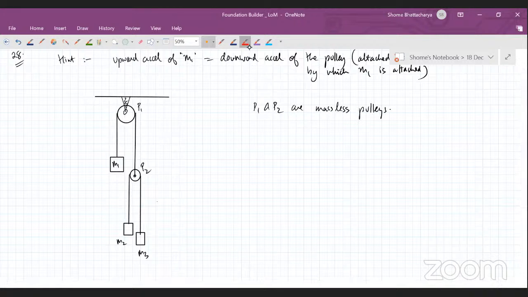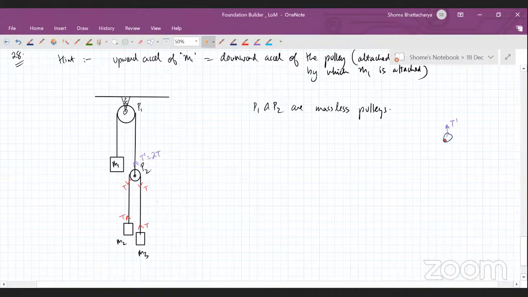So as we are discussing, whenever you have a massless pulley, if the tension in this thread is T, then the tension in this other thread should become how much? It should become 2T, because a massless object will have net force acting on it always equal to 0.